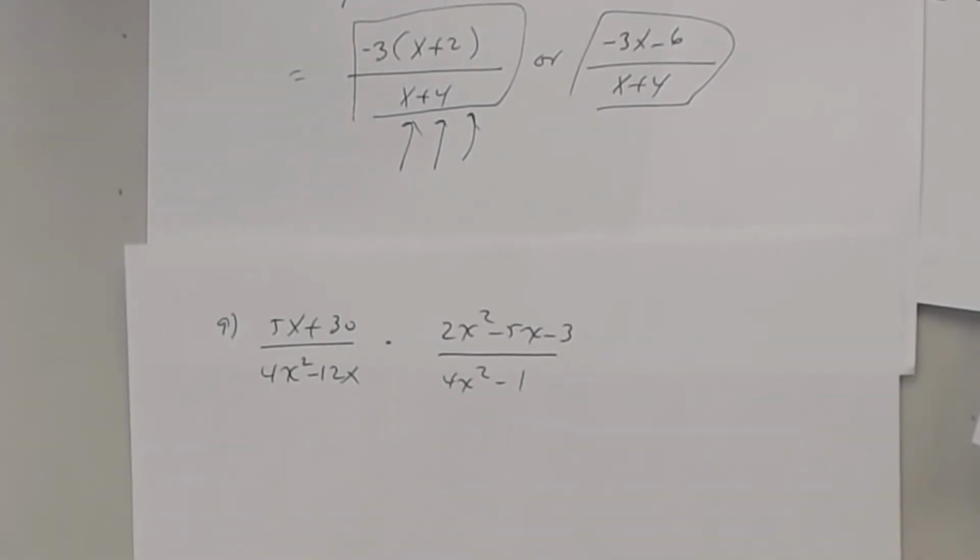So 5x plus 30 divided by 4x squared minus 12x. And your second fraction, the numerator, is 2x squared minus 5x minus 3 divided by 4x squared minus 1.